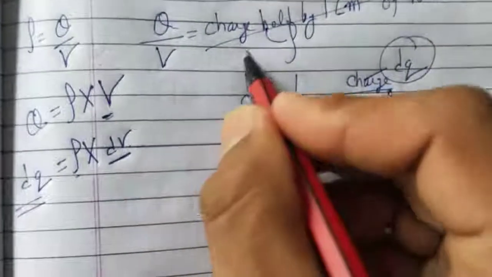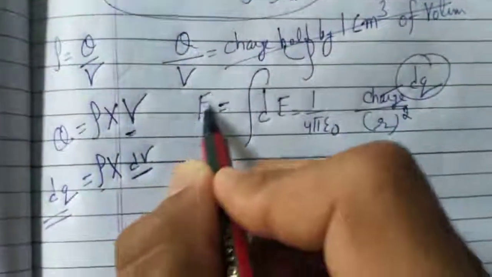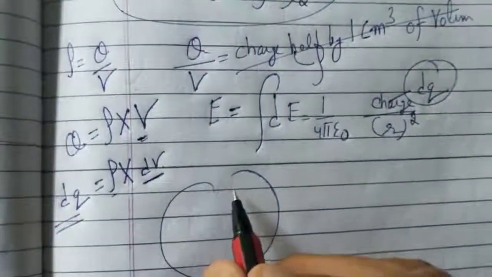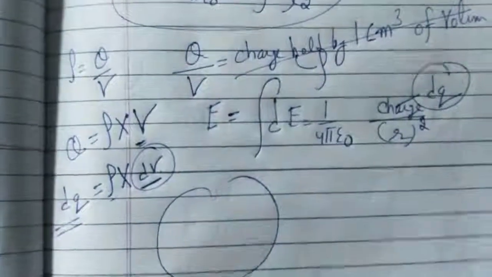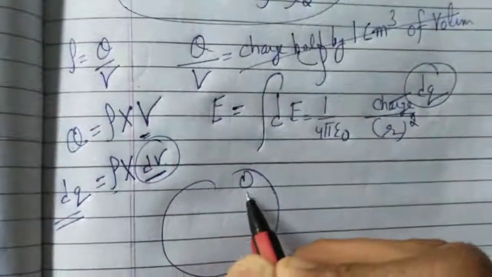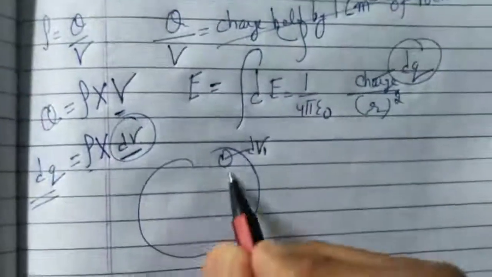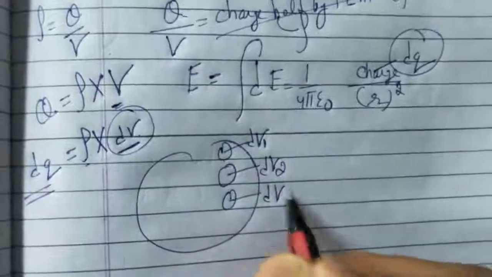And we will integrate this to find the complete electric field, because the sphere has so many small volumes dV. Suppose this is small volume dV1, small volume dV2, small volume dV3.